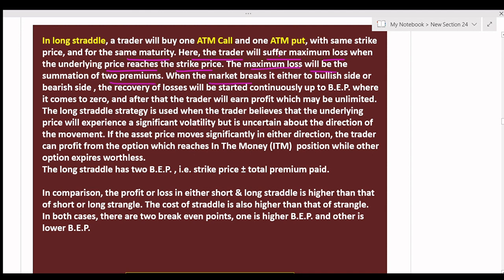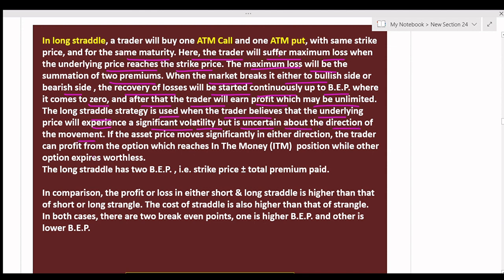When the market breaks either to the bullish side or the bearish side, the recovery of losses will start continuously up to the point of BEP where it comes to 0. After that, the trader will earn profit which may be unlimited. The long straddle strategy is used when the trader believes that the underlying price will experience significant volatility but is uncertain about the direction of the movement.